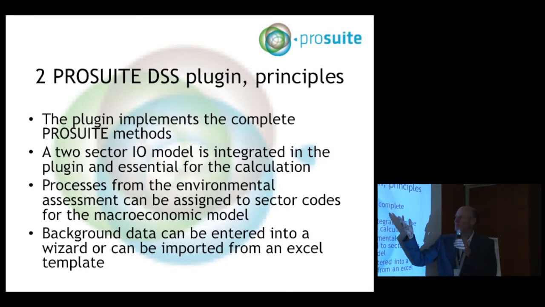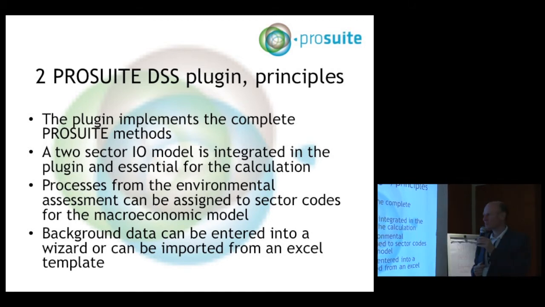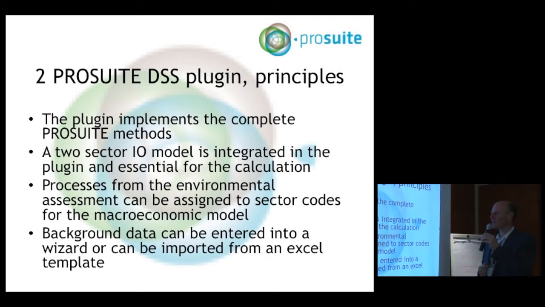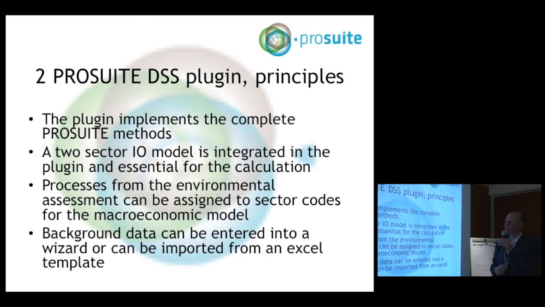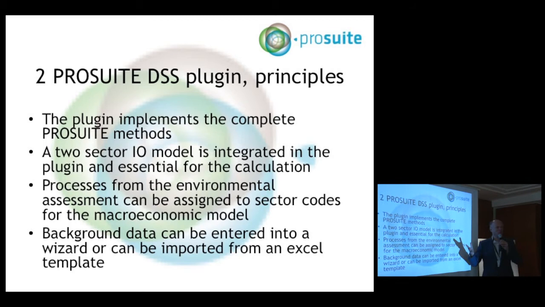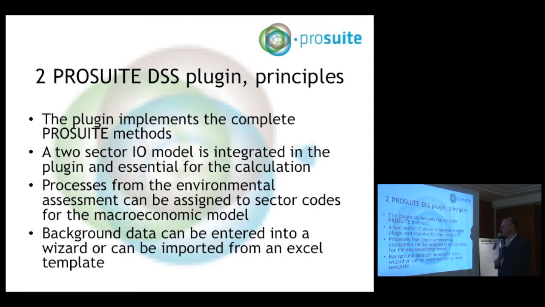Really, it implements the complete methods in ProSuite, so all these 5 dimensions that we have heard so far. It integrates an input-output model in the plugin itself, so when you use the plugin in the software, you also have this input-output database.